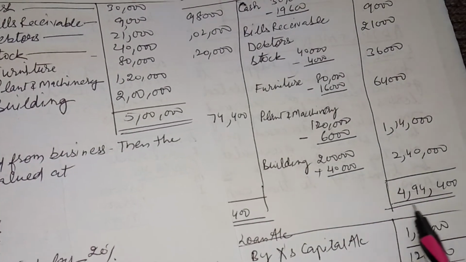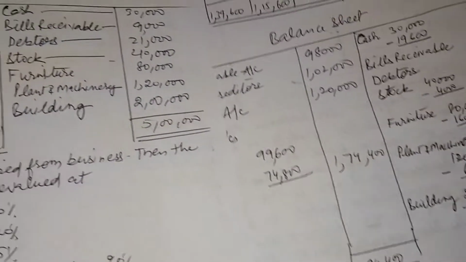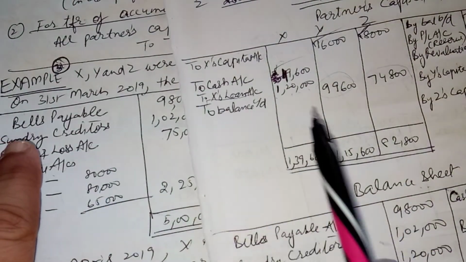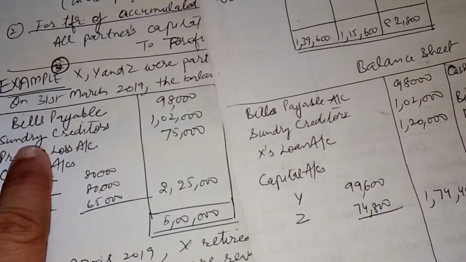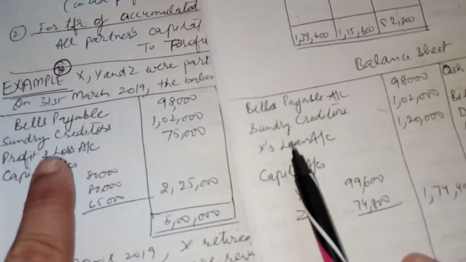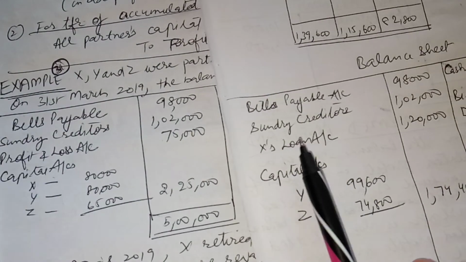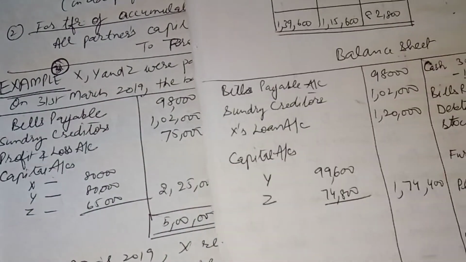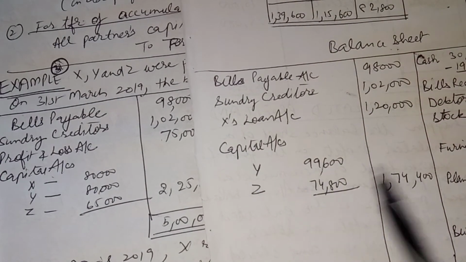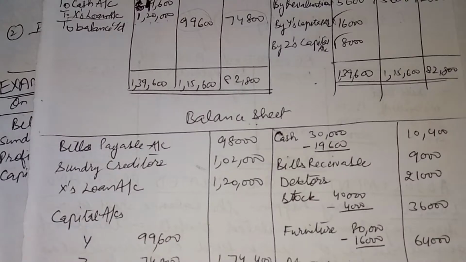So it comes out to be 4,94,400. And on the liability side, let us check. Yes, bills payable same 98,000, sundry creditors 1,02,000, profit and loss we transferred, and here X's loan account liability will be created 1,20,000, and capital accounts balancing figures, and here is the balance sheet.